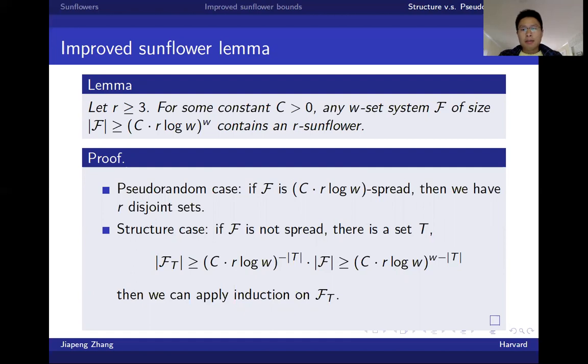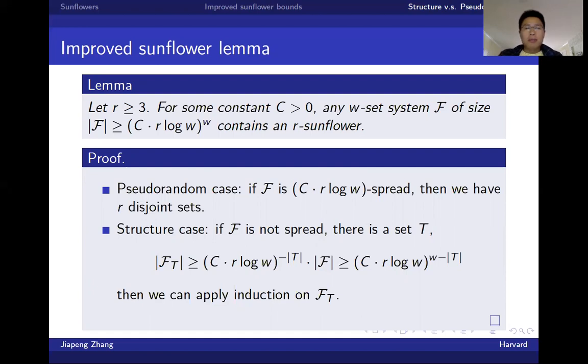Notice the link F_T is a (w minus |T|)-set system, so we can apply induction on this link. So this is the whole proof.